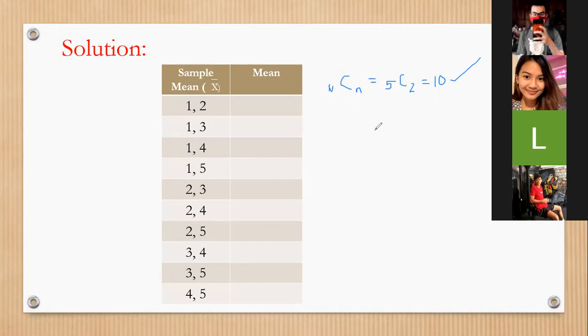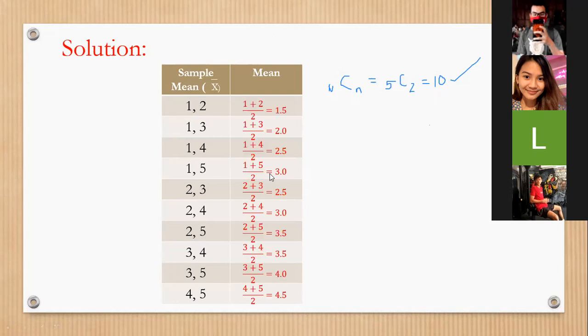Magiging 1 plus 2, then divided by 2. So, itong dalawahan, i-divide nyo since we have only 2 numbers, kaya over 2 lang lahat sila. So, 1 plus 2 is 3, divided by 2 is 1.5. 1 plus 3 is 4, divided by 2 is 2. So, bawat isang sample mean, ganun yung gagawin, kukunin yung mean niya.